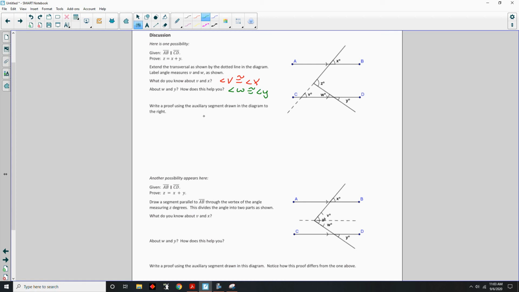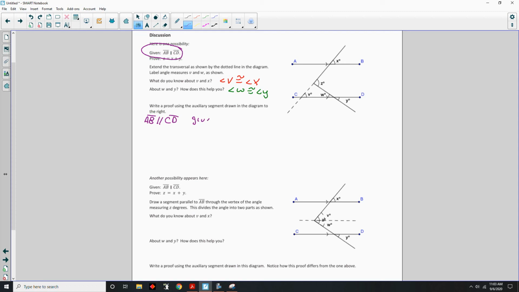Okay. Now it says write a proof using the auxiliary segments drawn in the diagram to the right. So the first thing we want to start with is our given. Okay. So I'd say AB, segment AB, is parallel to segment CD. And the reason?